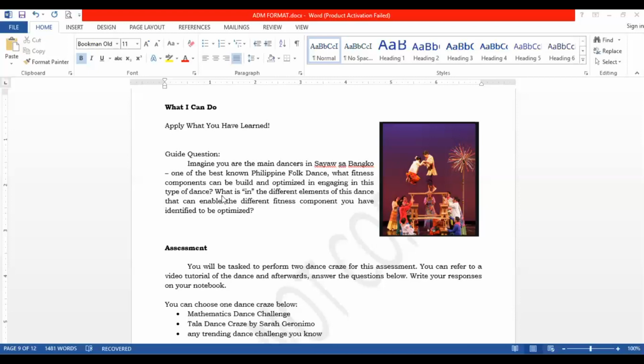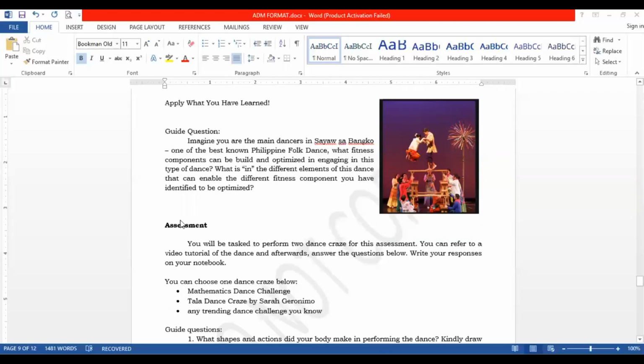Another, what is it in the different elements of this dance that can enable the different fitness components you have identified to be optimized? So, ideally, ang masagot dito ng bata is the energy that is being used, the level, the use of space, no, etc. So, this is the application part that I have crafted.